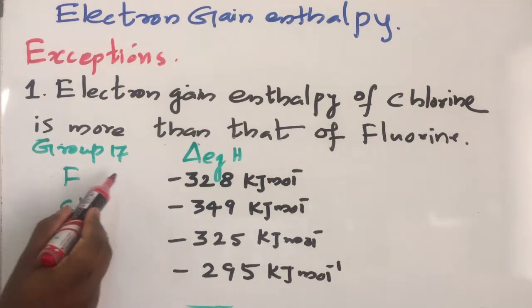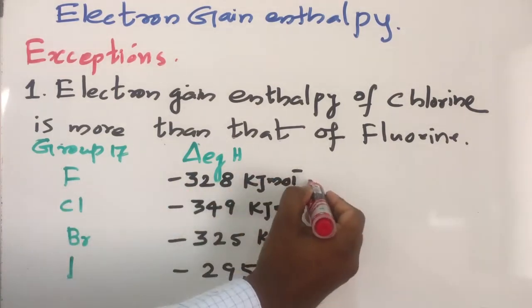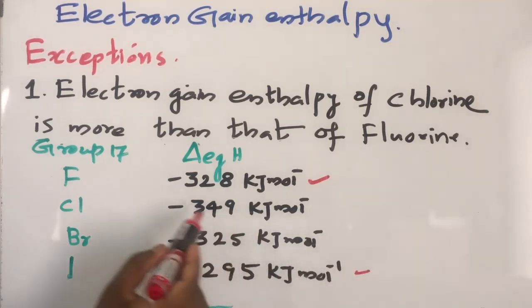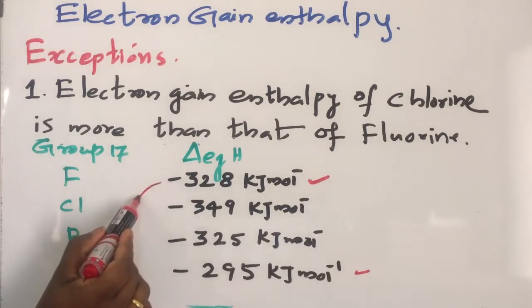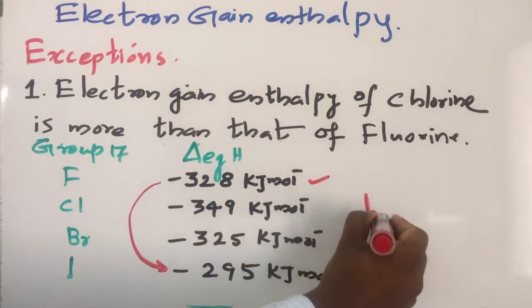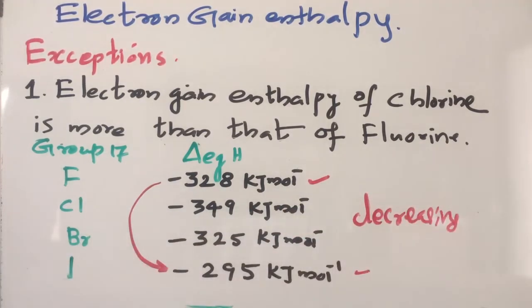Electron gain enthalpy of fluorine is minus 328 kilojoule per mole. Electron gain enthalpy of iodine is minus 295 kilojoule per mole. So from fluorine to iodine, the value is decreasing.